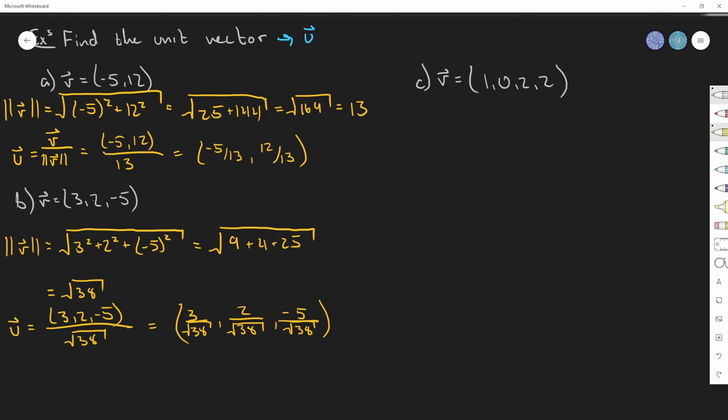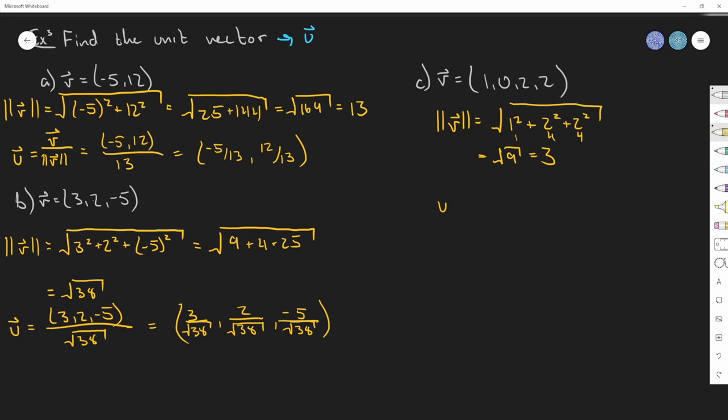Then our last example is nothing different from the other two. Find the magnitude, so you get 1 squared plus 0, so that's 0, plus 2 squared, 2 squared, and that should be square root of 9, which is equal to 3, because it's 1 plus 4 plus 4.